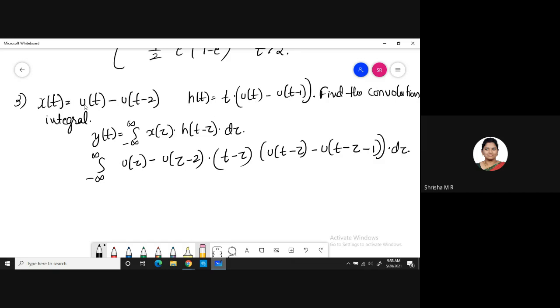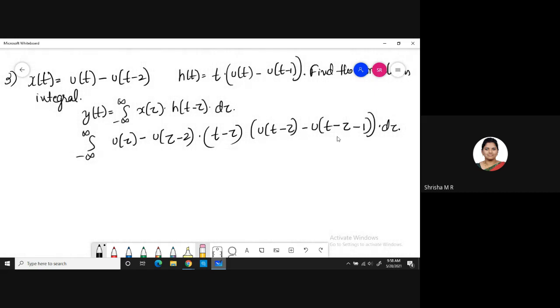If we write x of tau and h of t minus tau, in the x of t terms we are replacing t with tau, and in the h of t terms we are replacing t with t minus tau. Is it clear till here? You will have a minimum of 5 conditions.